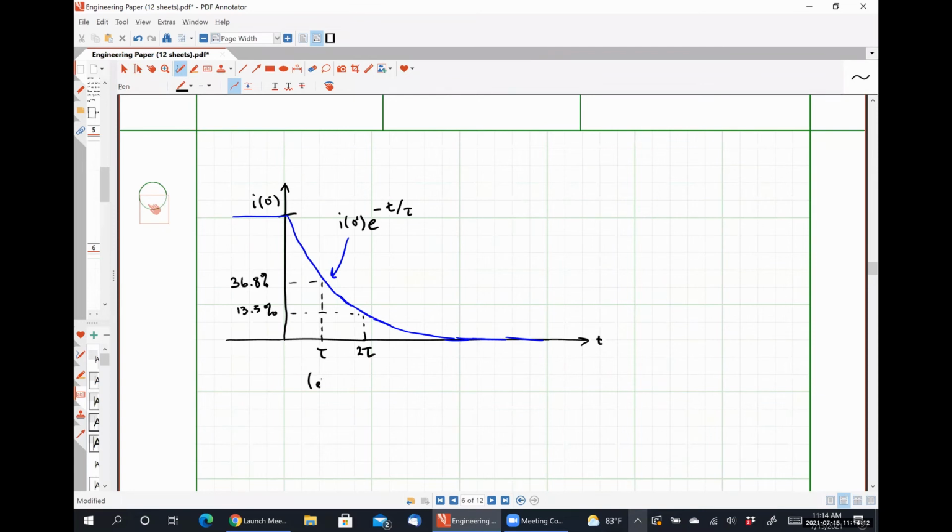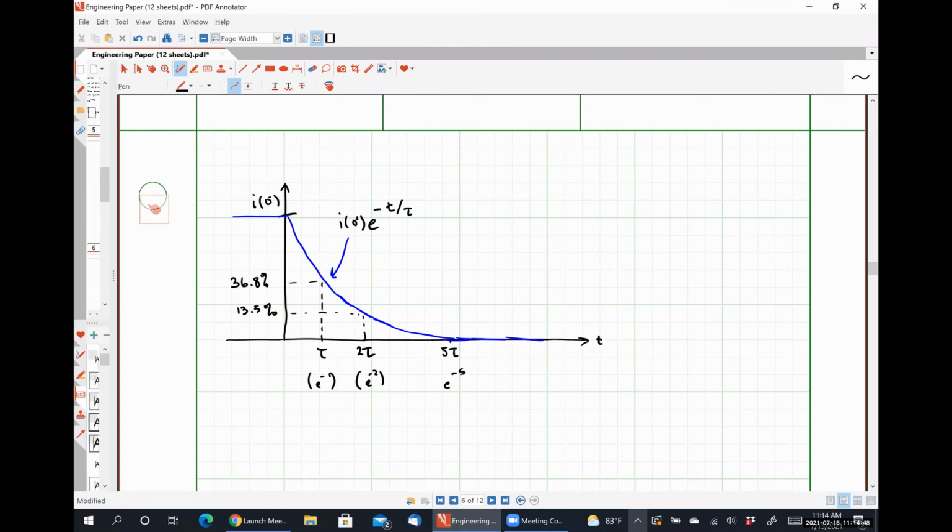So just to be clear here, this is e to the minus 1, this is e to the minus 2, and so forth. And what we'll find is that at 5 time constants, where we have e to the minus 5, our signal has decayed down to less than 1% of its original value. So you may recall on Tuesday's lecture when I talked about how our signal decays to 0 at infinity.